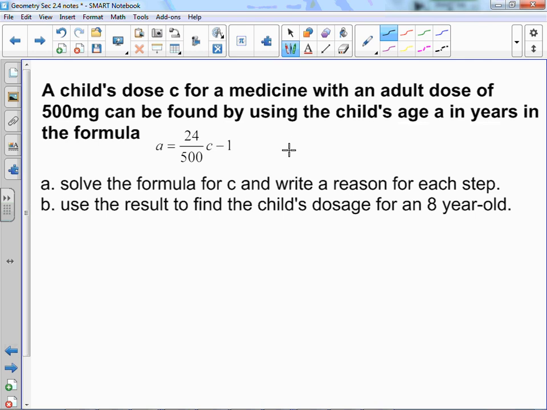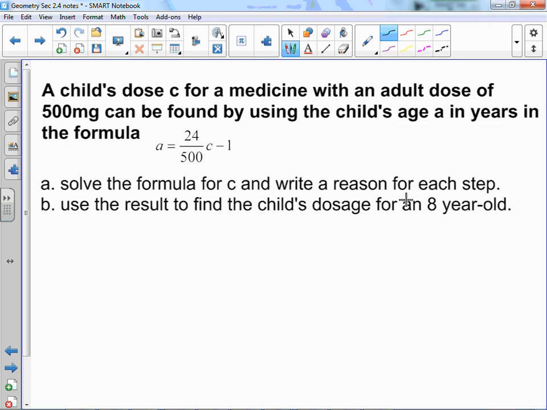Next example says a child's dose C for a medicine with an adult dose of 500 milligrams can be found by using the child's age A in years in the formula, where A equals 24 over 500 times C minus 1. Solve the formula for C, write a reason for each step, and then use the result to find the child's dosage for an 8-year-old.